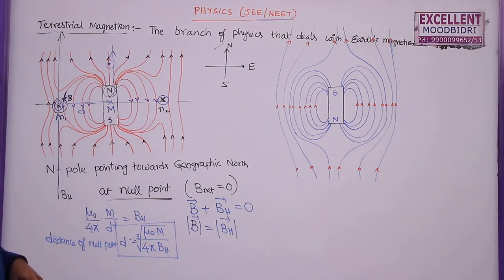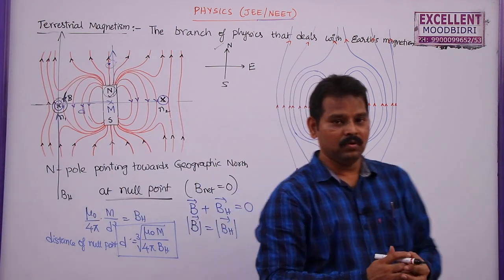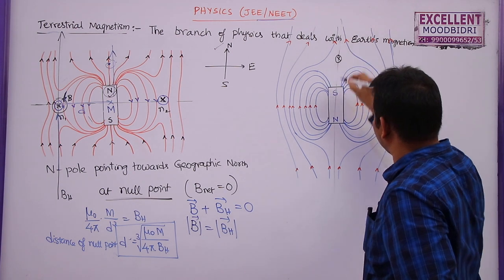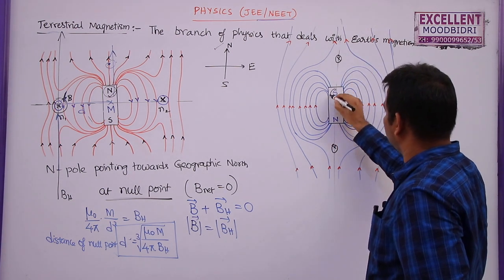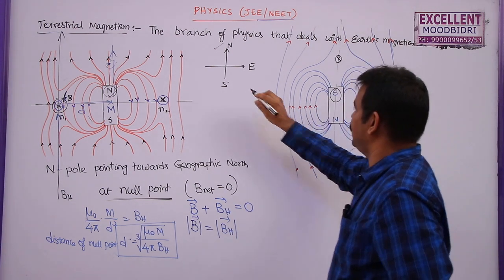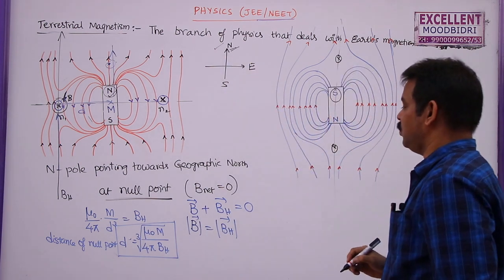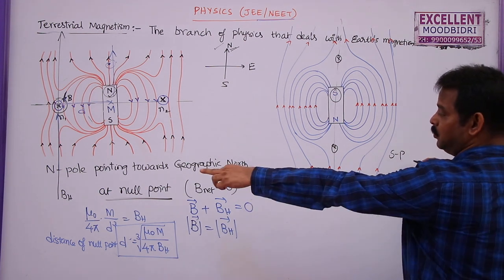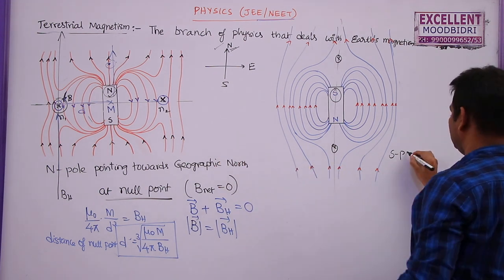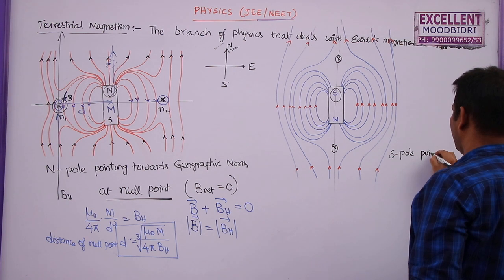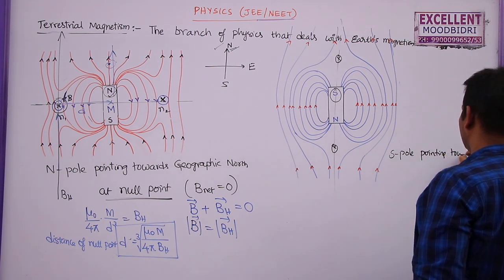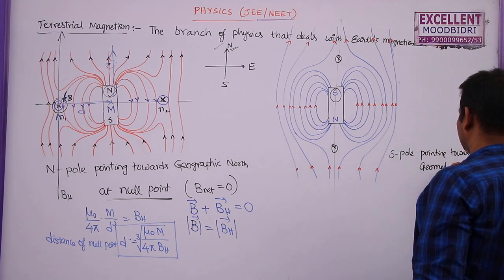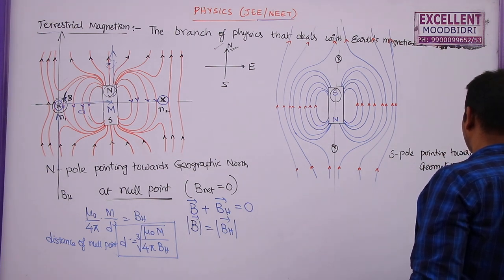Similarly, if you take this case, here you can see there are some points on the axial line of the bar magnet. Here the south pole of the bar magnet is pointing towards the geographic north.